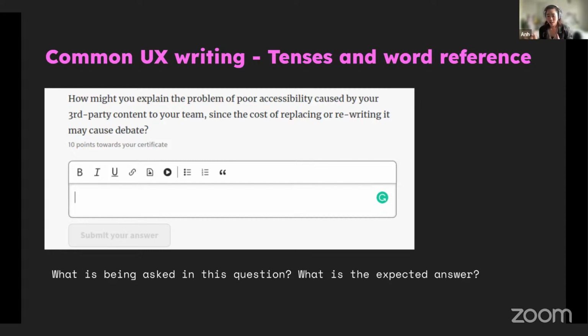If there's nothing in the chat, I would assume it takes a little while for everyone to process this question and wonder how they should answer it. Because when I first read this, I also didn't know how to start writing my answer, because I don't understand what they're asking for.